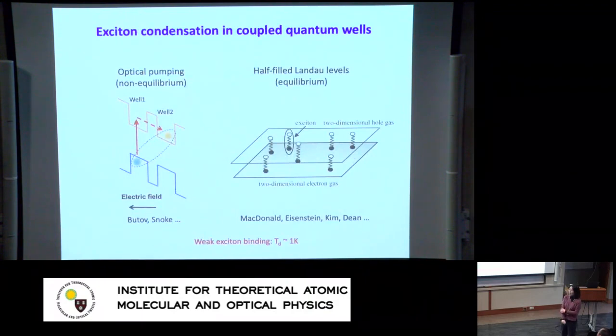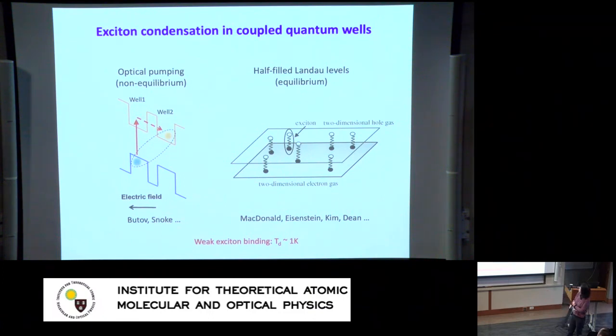Okay. And this problem has also been explored by different approaches. This is my only optical pump example. So, you can either do it in coupled quantum wells, applying DC electrical field to tune the well, optically excite exciton, and then they dissociate and one charge goes to the other layer.